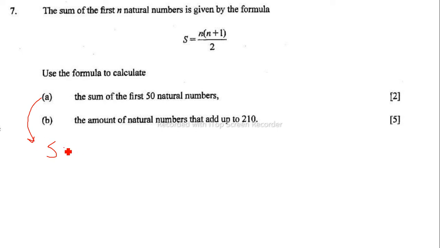Remember what our n is. What is our n? 50. That's the amount of natural numbers that we're adding. So 50, open bracket. Remember n is 50. It's going to be 50 again, plus 1.